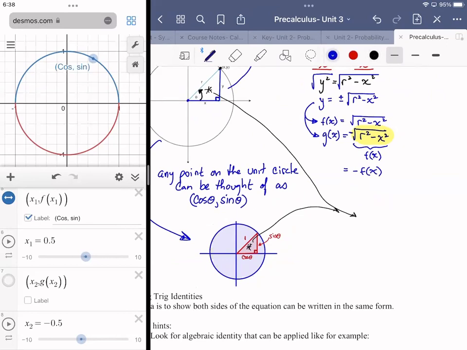I'd have a blue triangle here. And I'd have a red triangle, a smaller red one. All right, the blue one: x, y, r.